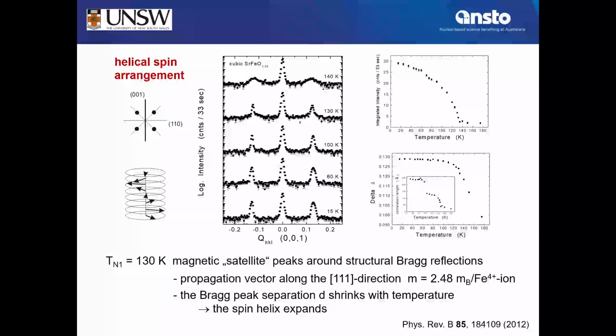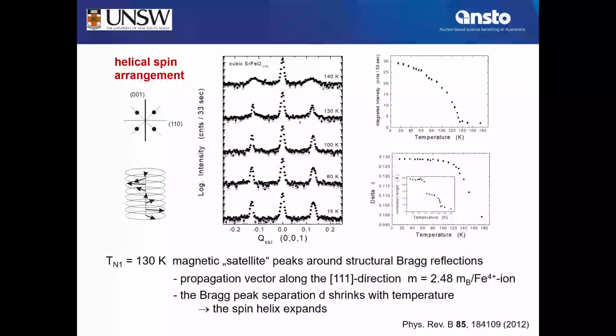And interestingly, these values are not integer values or half or quarter of an integer, so not locked to the lattice. It's really random. The second thing which we learn is the scan is in the 1, 1, 1 direction, which means the spin helix is propagating in the 1, 1, 1 direction.